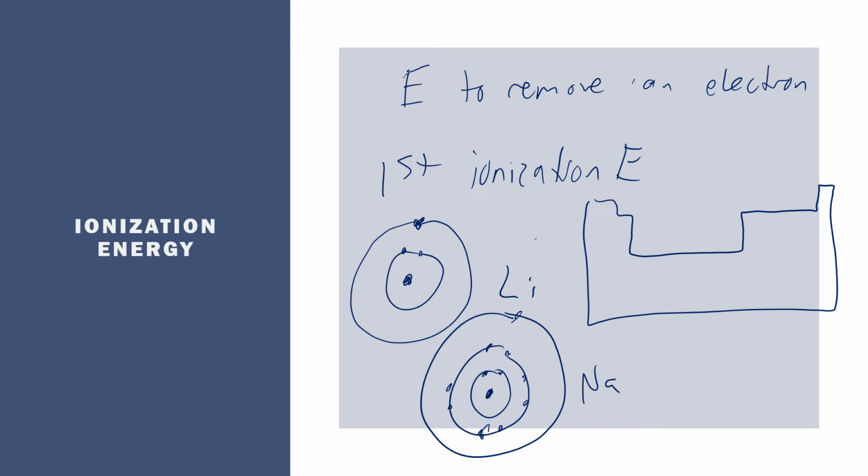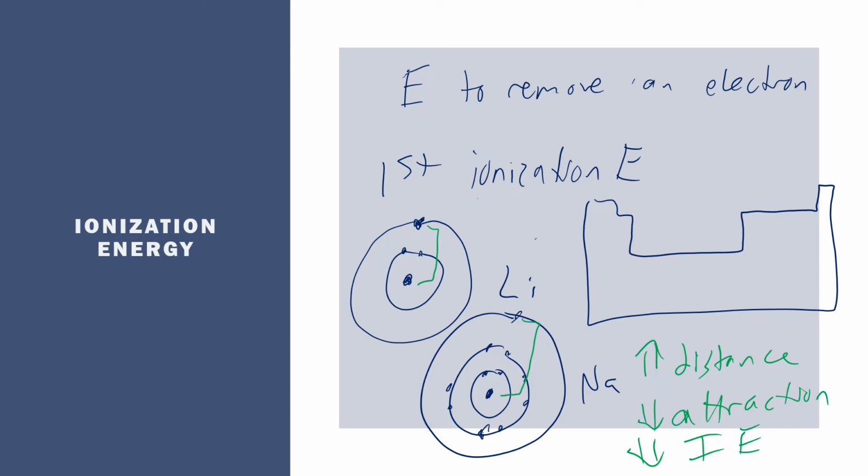So what makes a difference then is the distance. The distance between the valence electron, or the first electron to be removed, and the nucleus is going to be greater in sodium. So because there's a greater distance, it will have a weaker attraction, which means it will have a lower ionization energy.